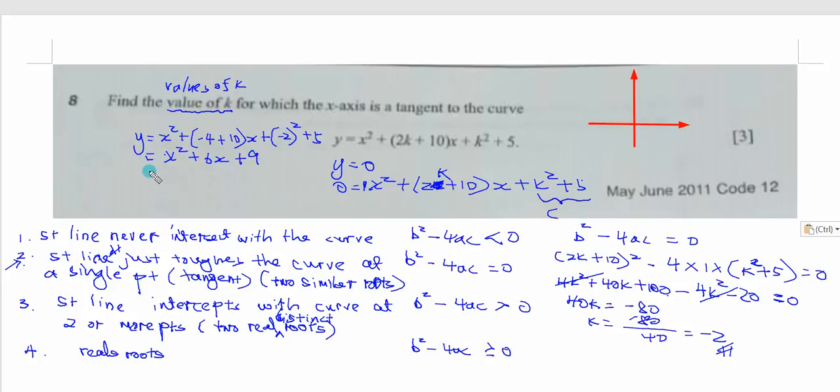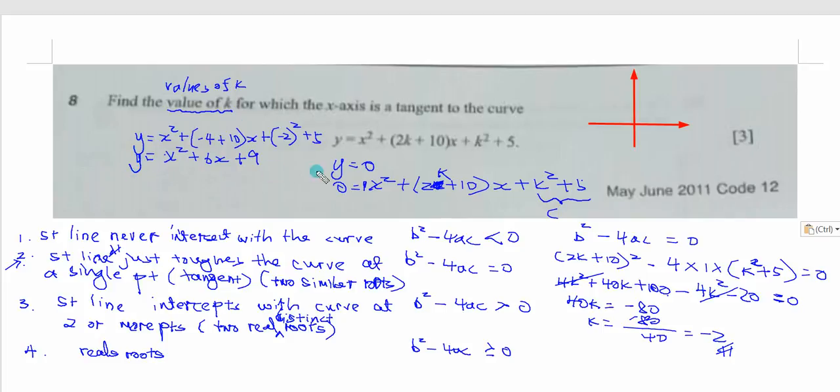Okay, now if you sketch this, you know it passes through 9 here. Now, this is y.